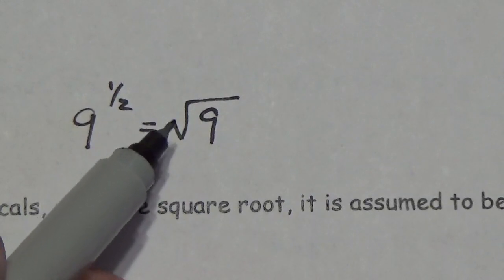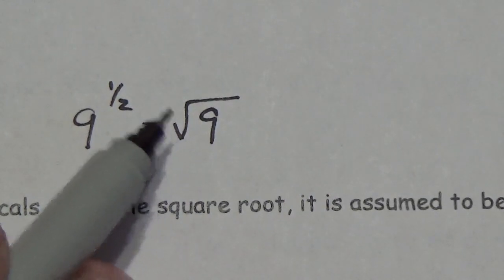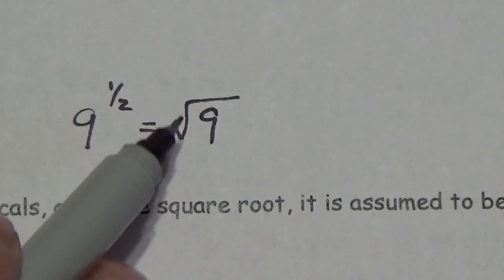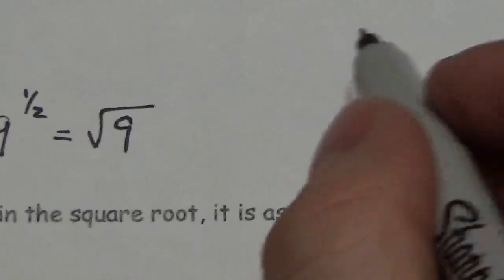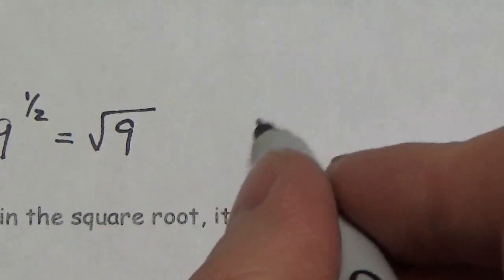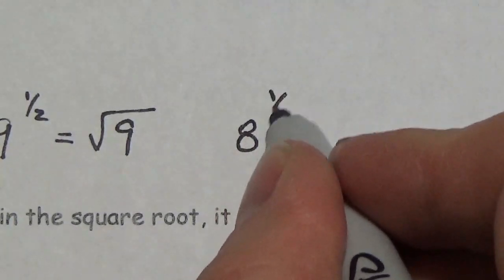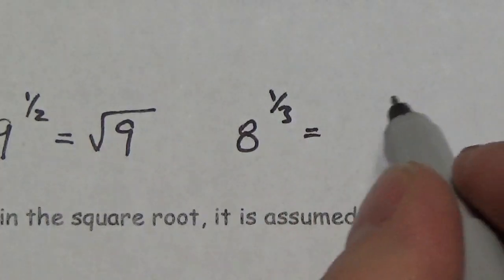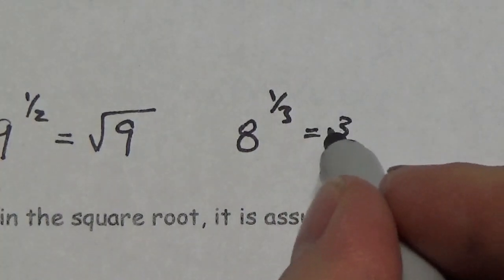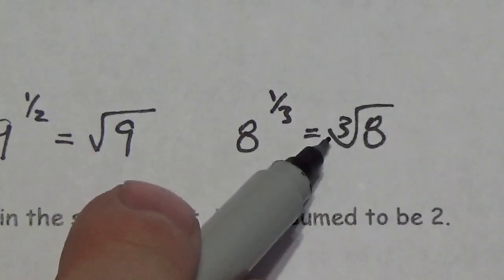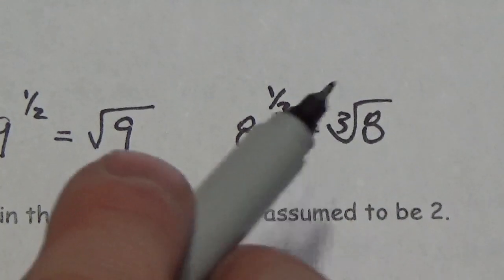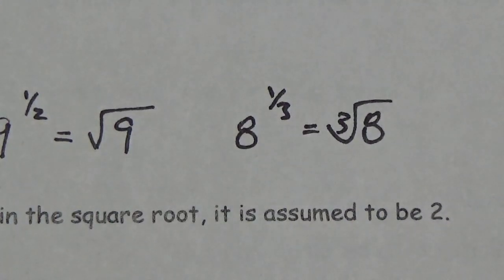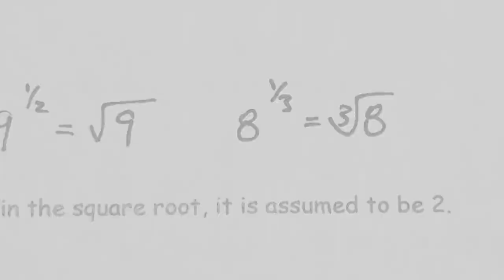And I chose this one because, remember, if the root index is 2, I don't have to write it. But if I was asking you for the cube root of 8, that would be 8 to the 1/3, and I would have to indicate that that's the cube root by putting the 3 there. Okay, so anyway, let's take a look at some examples.